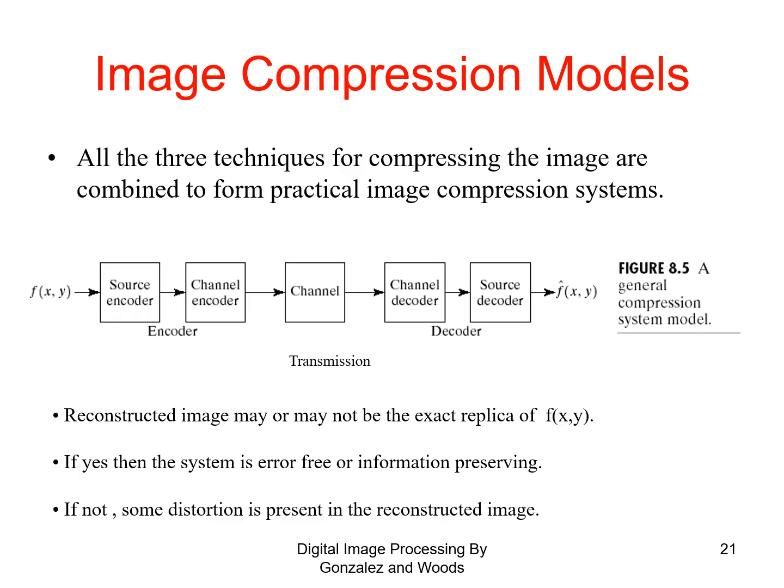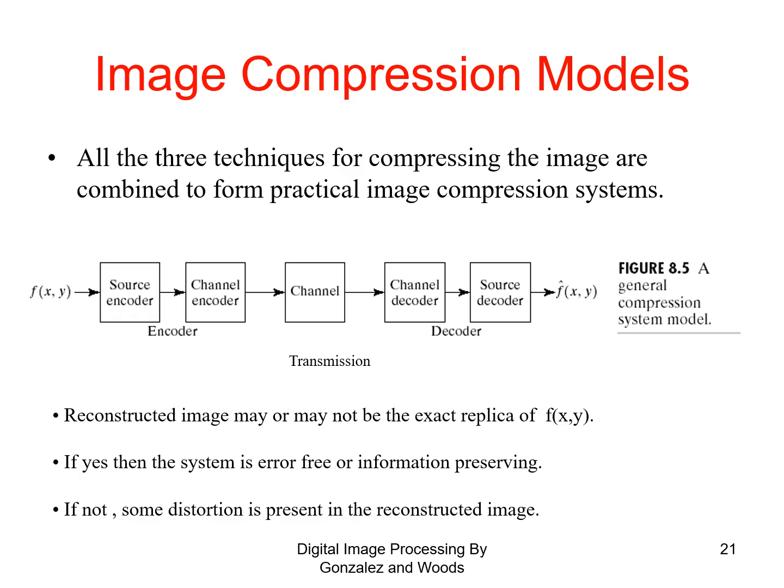Here f of x y is the original image, which is given to the source encoder, then to the channel encoder, then it is transmitted through a channel, received, and decoded using the channel decoder, then given to the source decoder, and you get f cap. If it is a lossless technique, f cap will be equal to f. If it is a lossy technique, then f cap may not be equal to f.